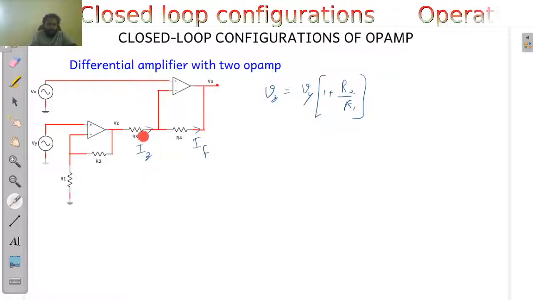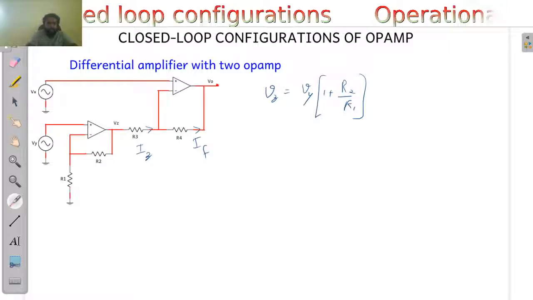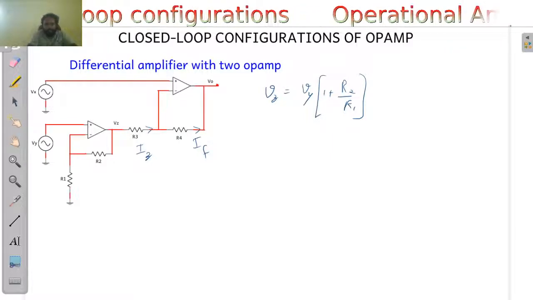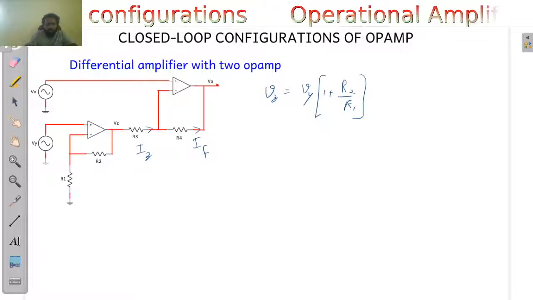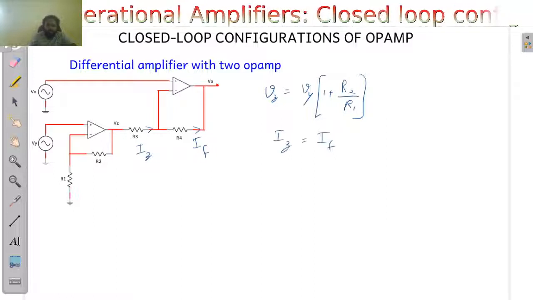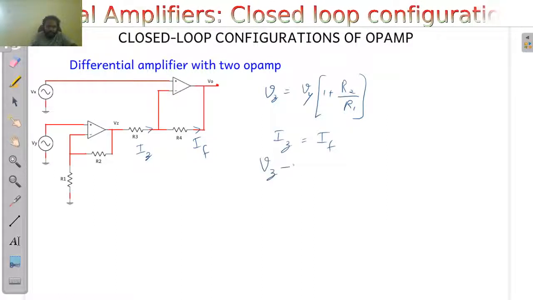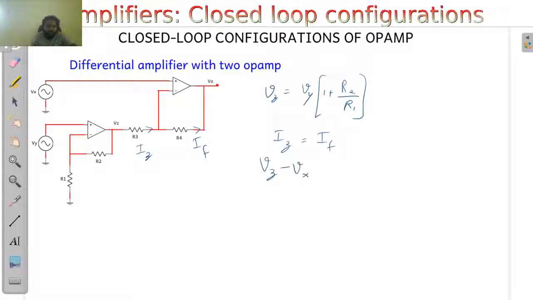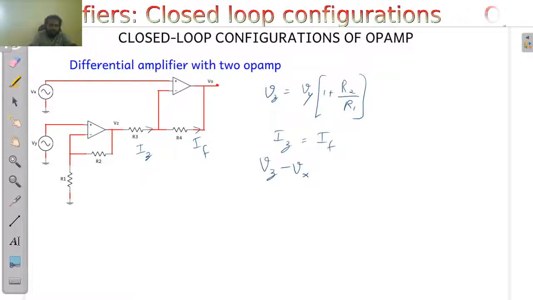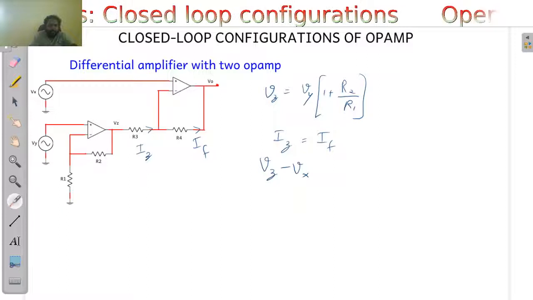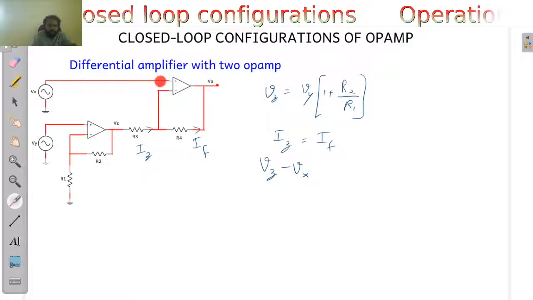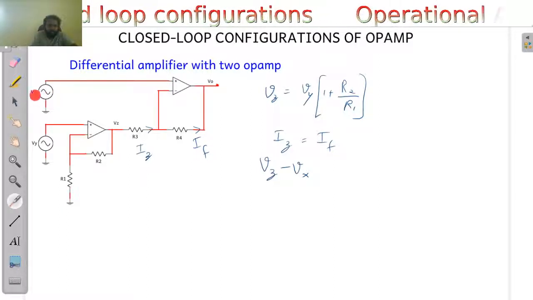There will not be any current flowing into the operational amplifier from this junction. The sum of currents at this junction gives us Kirchhoff's current law, so I can write it like this. What is Iz? Iz is given by the voltage difference Vz minus Vx. Why Vx? Because this point has a virtual short with this point, and it has a voltage of Vx.